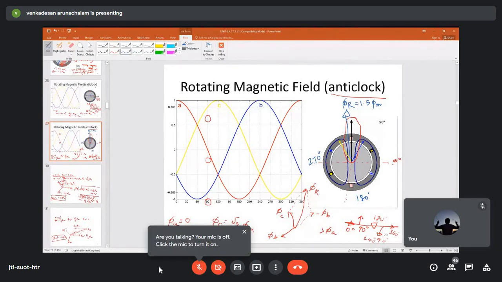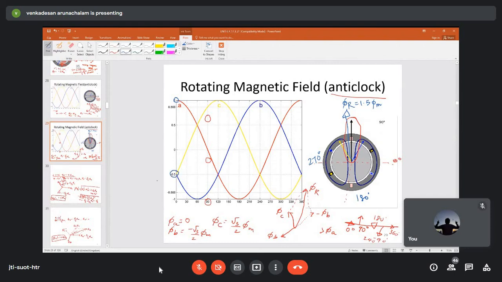If you take 0 degree, this is the point, no? So if you take 0 degree, this is A phase and this is your B and C phase. Am I right? Yes. So A phase is having the magnitude phi m itself. Okay. And B and C, it is having minus half phi m and minus half phi m. So you will get like this.